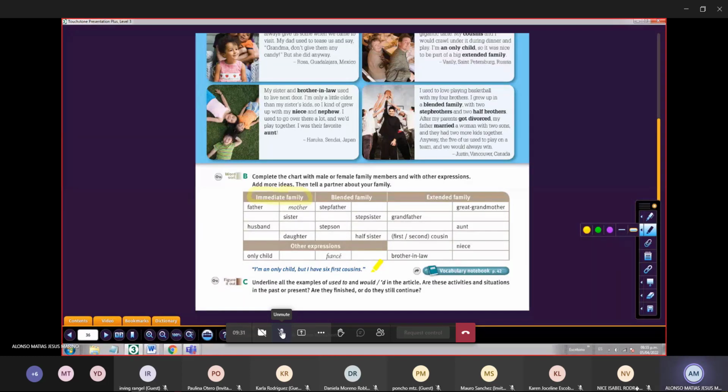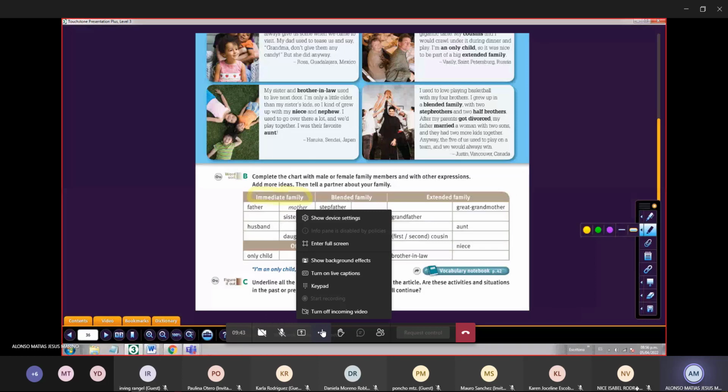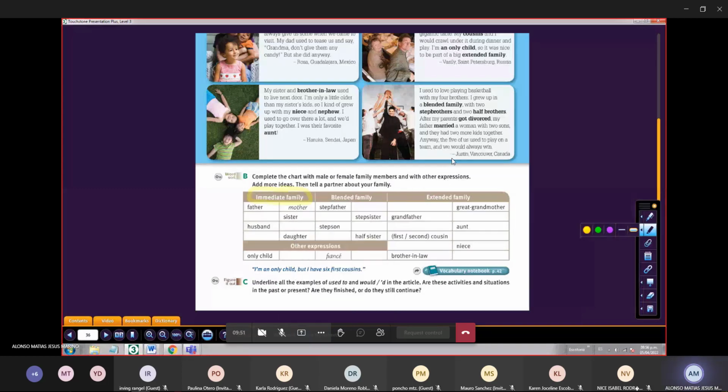Okay, I'm going to give you my example. Okay, in my case, I have 3 half brothers and 1 sister. Okay, I have 3 half brothers and 1 sister.